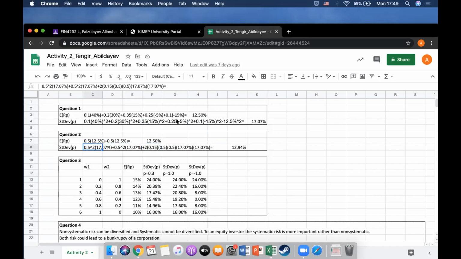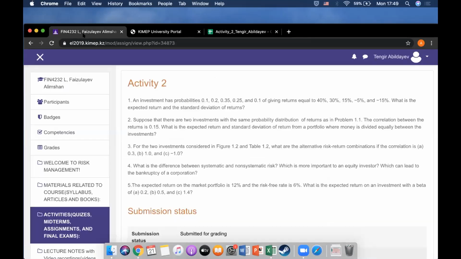Do you know what the square root means? Okay, there is an equation in the book, on page 3.